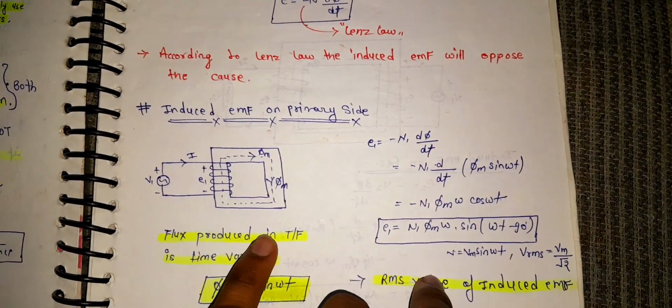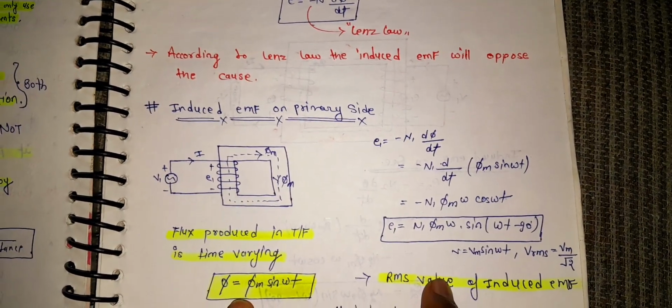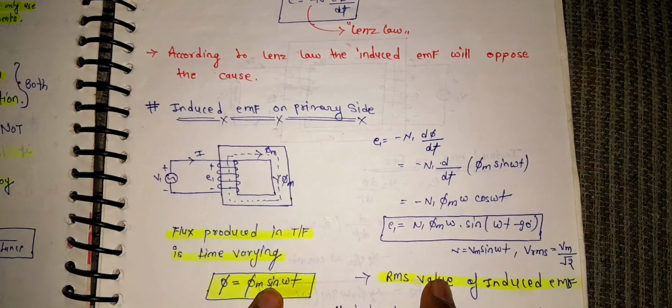So the flux produced in a transformer is varying, phi equal to phi m sin omega t.